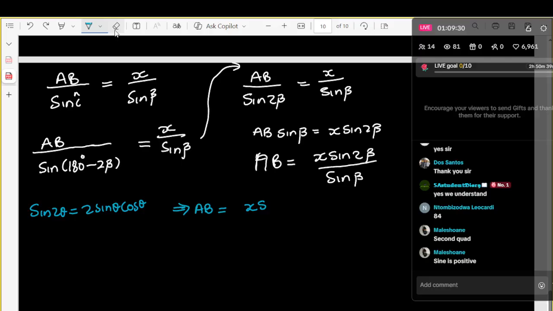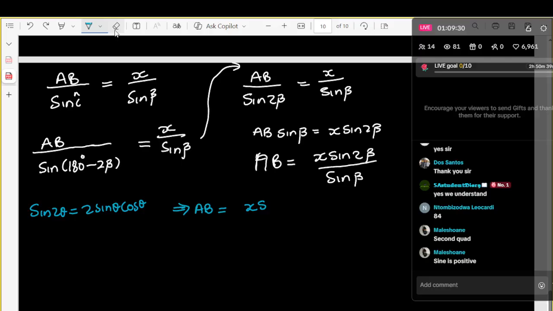Okay, so this will be 2, we can substitute this sine 2 beta. This will be multiplied by 2, the sine beta, the cos beta, and everything is divided by that sine beta.